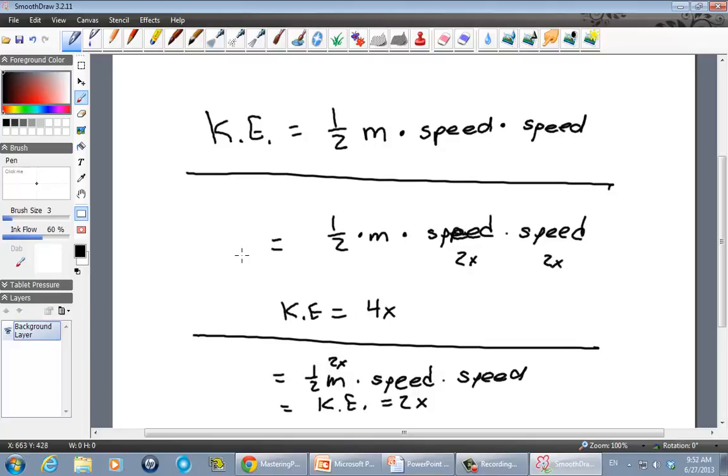What if instead we made the speed 3 times as much? What would happen to the kinetic energy? It would be 3 times times 3 times. It would be 9 times as much. What if we tripled the mass here? If we tripled the mass here, the kinetic energy would be 3 times as much.